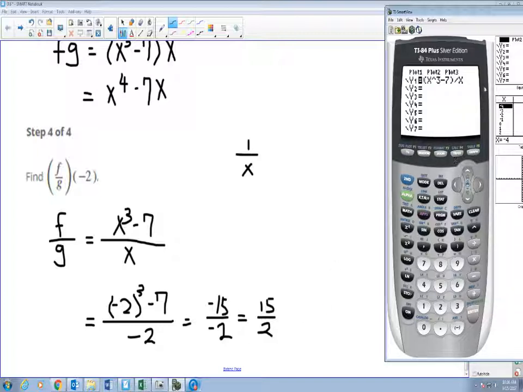Now, I'm going to try something here. X to the third minus 7 in the parentheses, and this time I'm going to put this x in the parentheses. Let's see if our picture changes. Nope, it still looks the same. I'm going to go to zoom and zoom out.